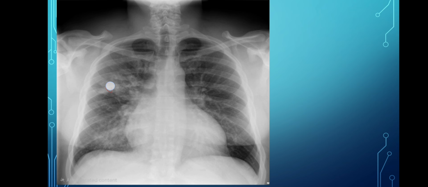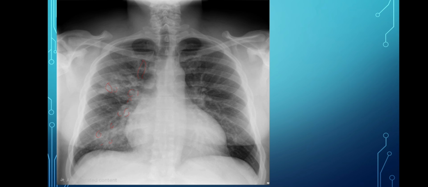So there is a patchy white opacity throughout the right side, and it shows an air bronchogram, with fluffing of the bronchovascular markings at the hilar region. So this is a clear diagnosis of bronchopneumonia.